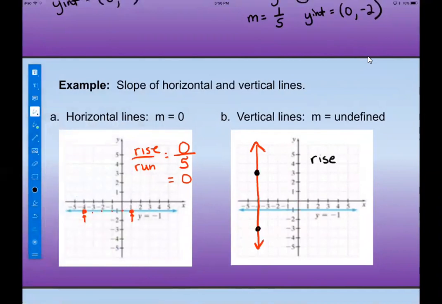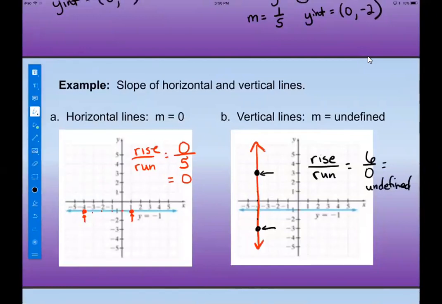Our rise over run: if I start at the bottom point and go to the top, we will rise 1, 2, 3, 4, 5, 6. To get to that top point, do we go left or right? We do not. So that means 0. What is any number divided by 0? It is always undefined.